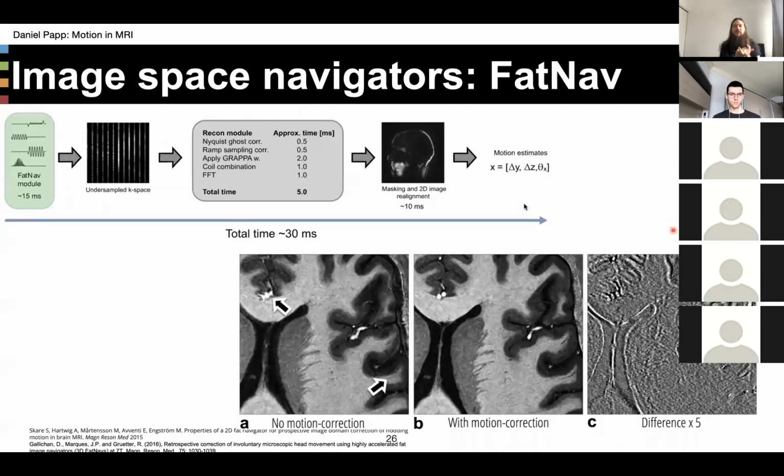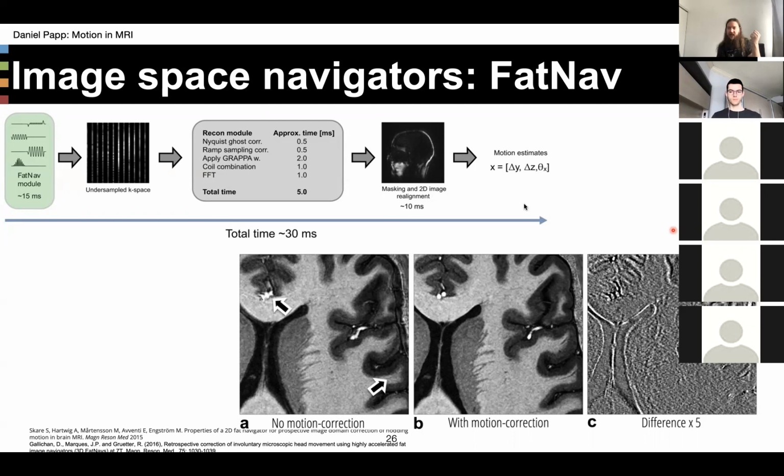The last thing I want to mention are FAT navigators, which are a really cool idea, where previously the navigator and the imaging were on the same frequency. It was all hydrogen, it was all water imaging. But how about we do our navigator not on the water frequency, but on the fat frequency, because we don't care about the fat frequency anyway.